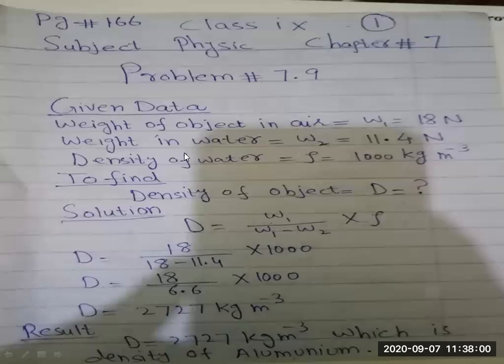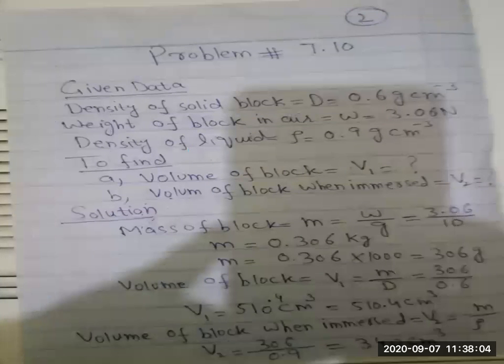Now I'm going to start the other one, problem number 7.10, again on page number 166. Please open page 166 for this problem 7.10. I read the statement of numerical 7.10 first for you.